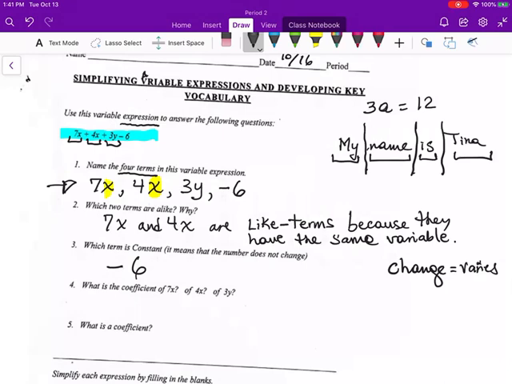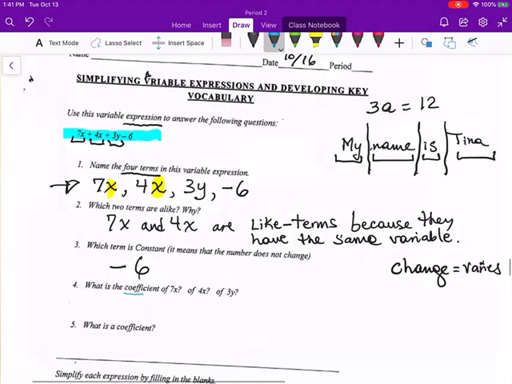Next question. What is the coefficient of 7x, of 4x, and of 3y? Here, the key word you need to remember is coefficient. The prefix co means next to, like the pilot and the co-pilot sits next to the pilot.